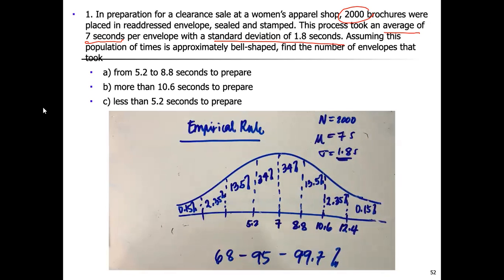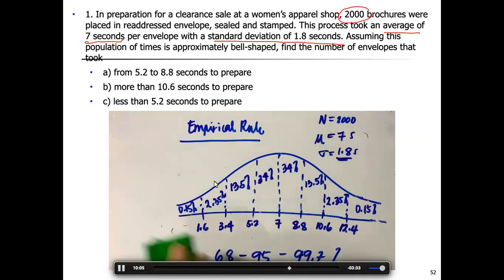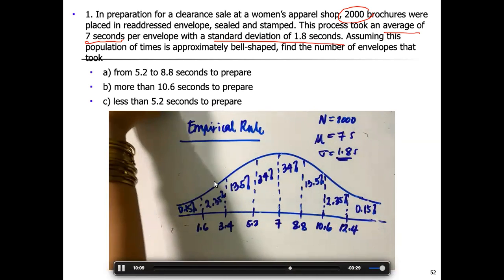That is 3.4. In the same manner, we subtract another 1.8 from 3.4, and that will give us 1.6. We will make use of these intervals to answer what is required in our example.